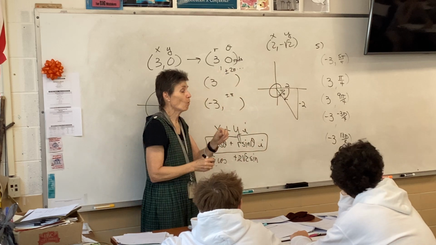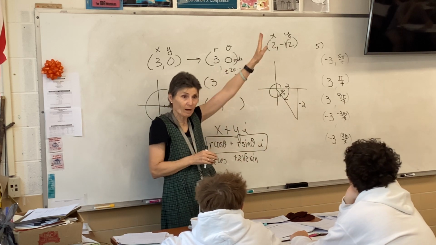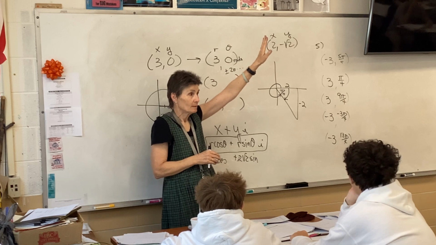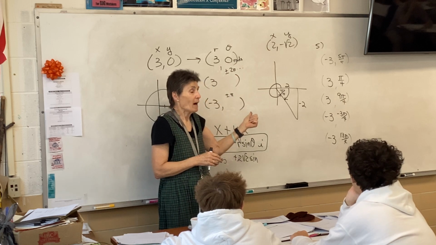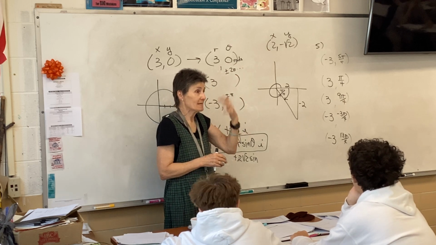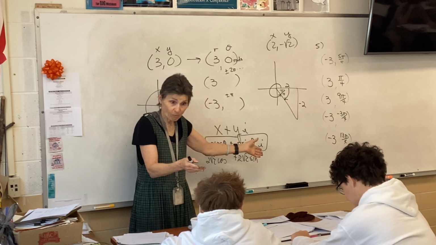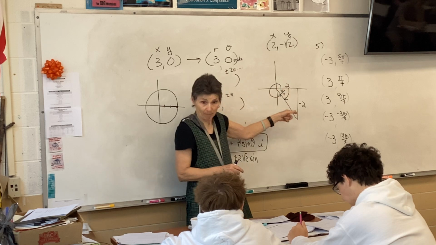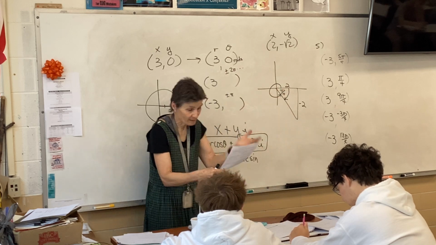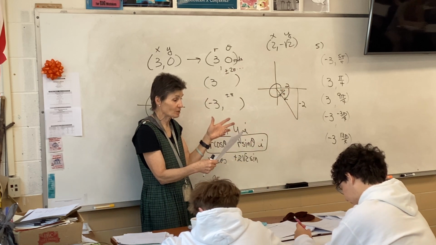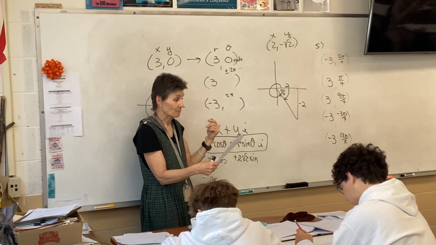Because the angle pi over 4 is in quadrant 1. Agreed? This is not quadrant 1. So I need to have a pi over 4 in quadrant 4. So I'm either going to use 7 pi over 4 or I'm going to use negative pi over 4, and it's multiple choice. So I just have to find the one that matches, and it looks like C.